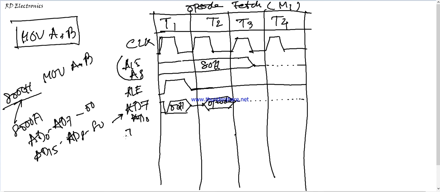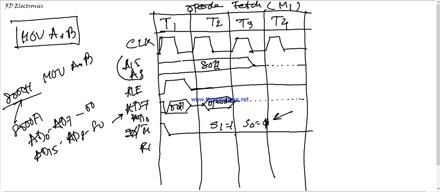Now the next pin is IO/M bar. This IO/M bar pin becomes 0 because this is a memory related operation, and the two pins are S1 equal to 1 and S0 equal to 0. This stands for the opcode phase operation. Now one extra signal is required, read bar.